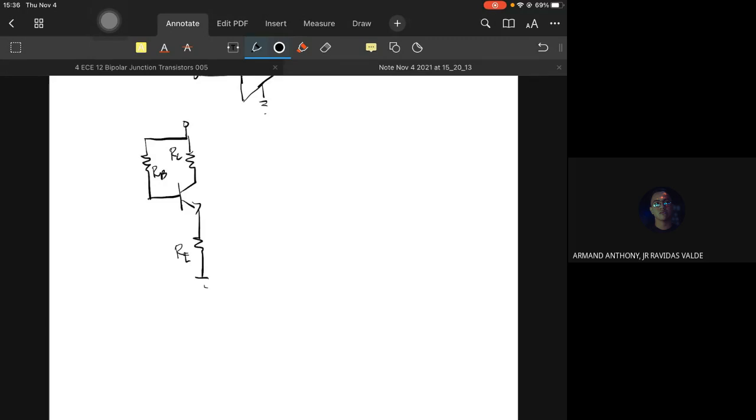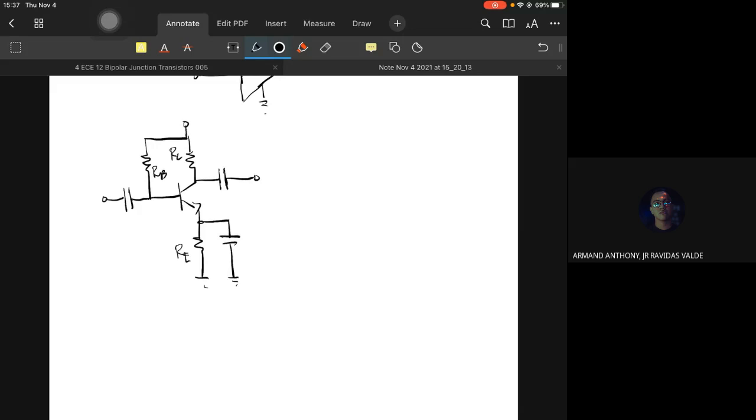Watch out for the examples in the book. Conventionally, they draw it with capacitors here, and another capacitor there, and sometimes a capacitor in parallel with RE.